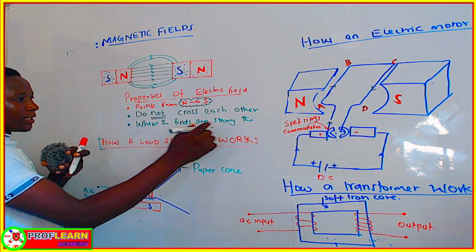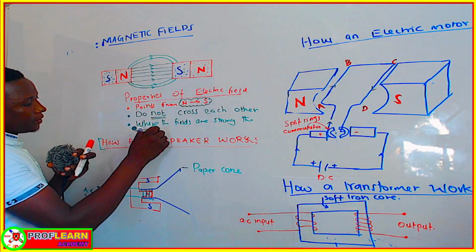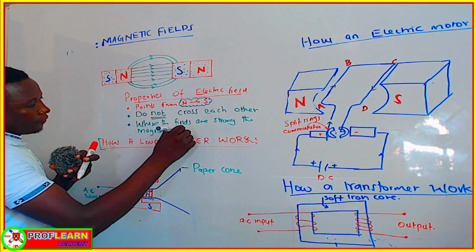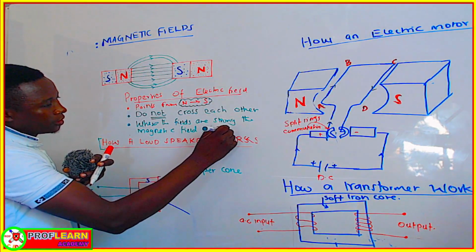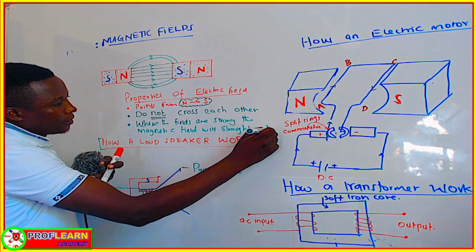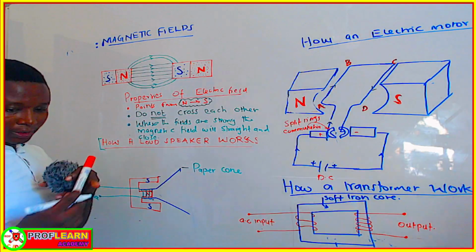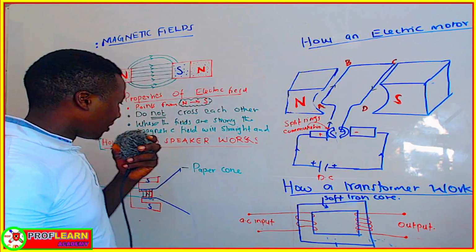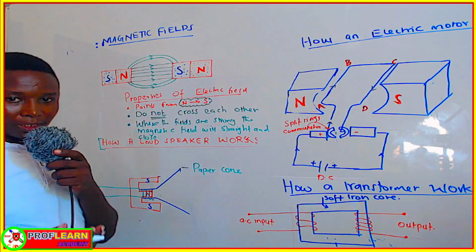Where the fields are strong, the magnetic field lines will be straight and very close. Those are some of the properties of magnetic fields you need to remember. They don't cross each other, and they point from the north to the south.